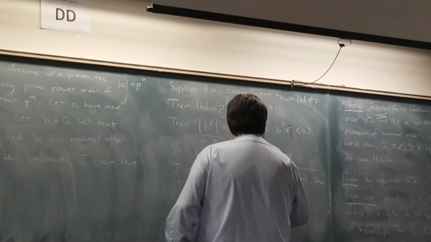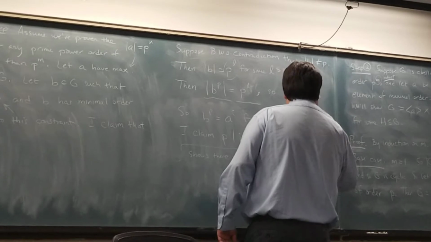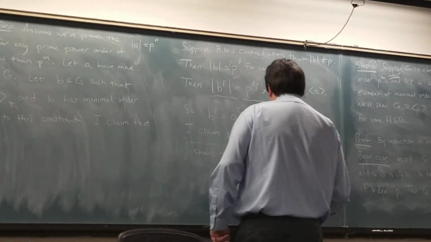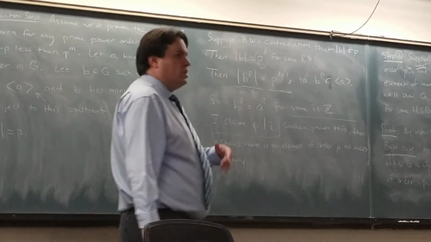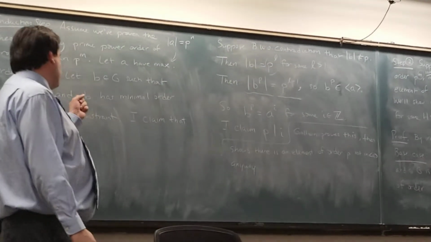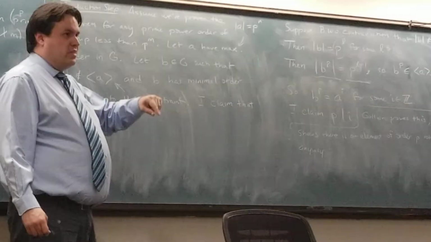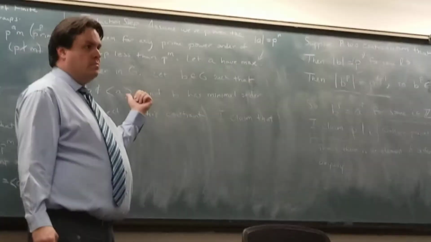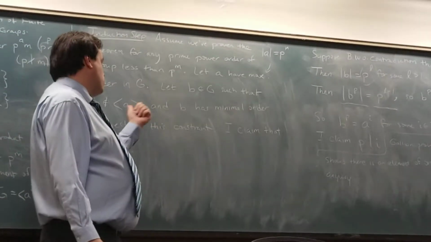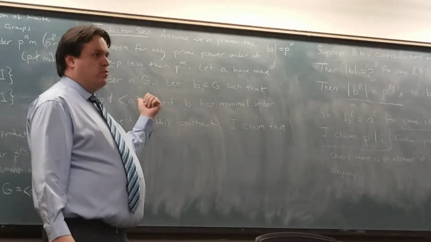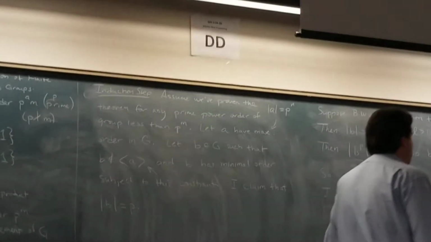But there's an element of order P that is not in brackets A anyway. So what he does is he shows that if the minimal order thing that's not in the cyclic subgroup has order anything bigger than P, there's something of order P not in here anyway. Which means that the minimal order object not in this subgroup has to be order P. Here's why he does that. Here's what motivates the whole crazy train of reasoning here.